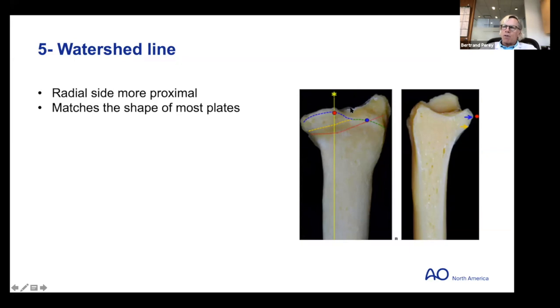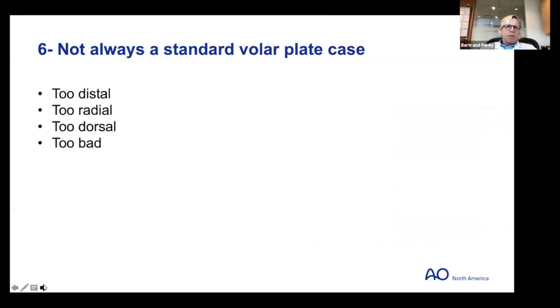Also remember, the most common tendon rupture is the flexor pollicis longus tendon, and it travels right in the center of the radius right here. On the radial side of that, there's really nothing left other than FCR, which rarely gets a problem with tendon ruptures. So understand where that line is when you're doing a case.